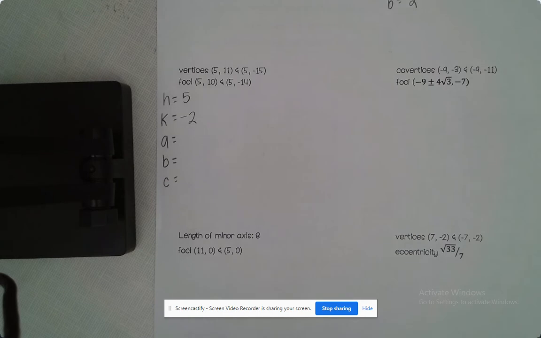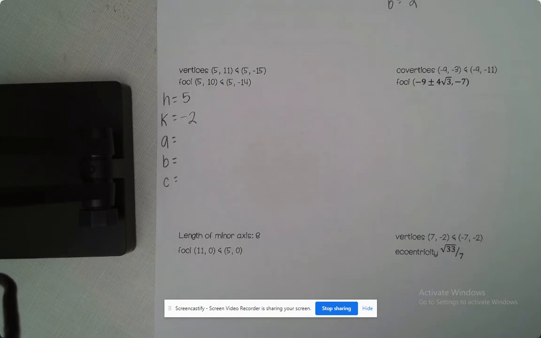So to find A, you need your center and you need a vertice point. Do I know where my center is? Do I know a vertice? Yes. Okay. Now, which coordinate of my vertice is changing, X or Y? Y. I meant why. I thought you were gonna say which one is staying the same.